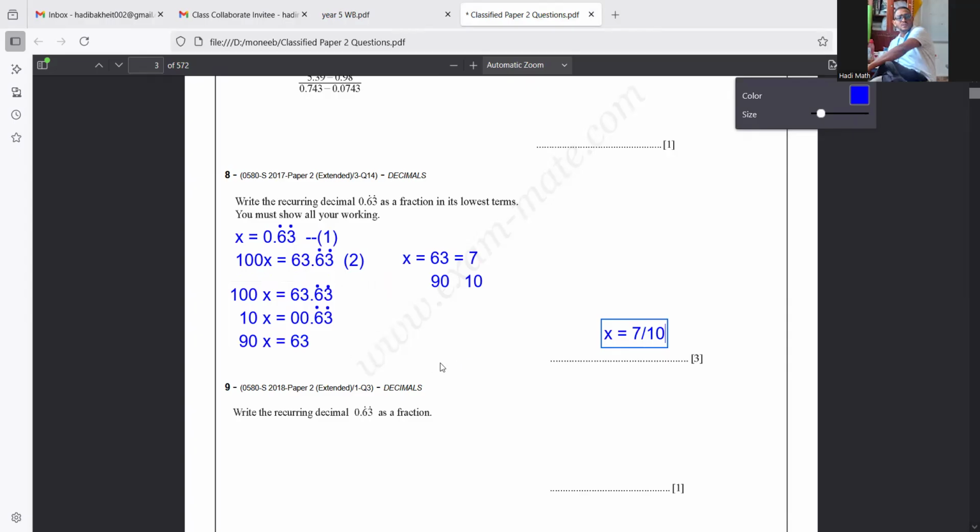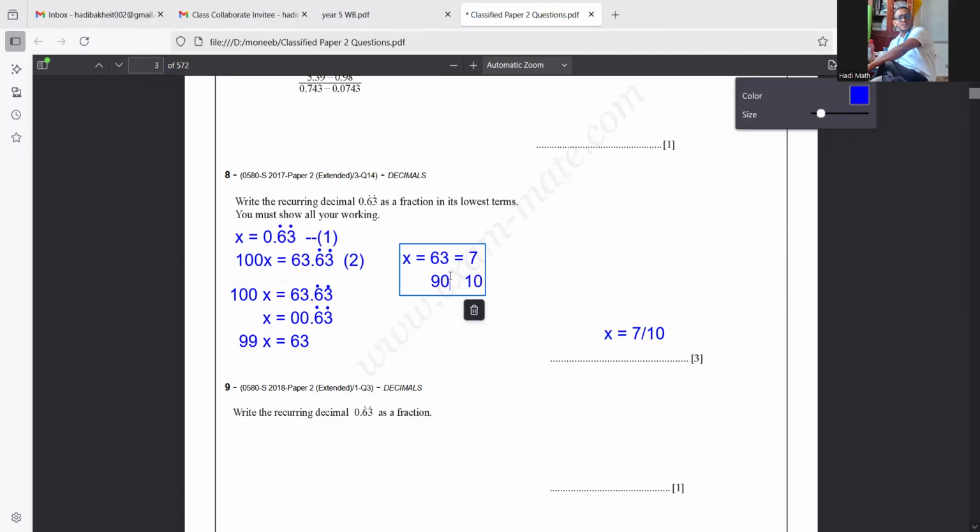So here we go. This is how you do it. Oh, sorry, here it is actually just x, not 99x. This is just x, and this will be 99, because 100x minus x is equal to 99x.